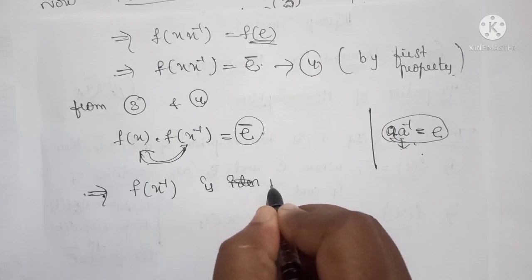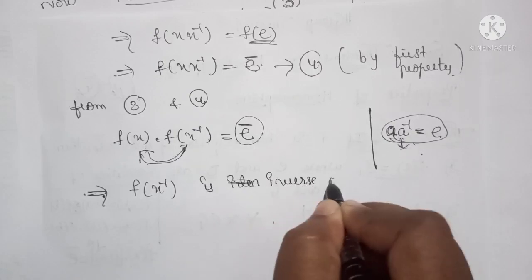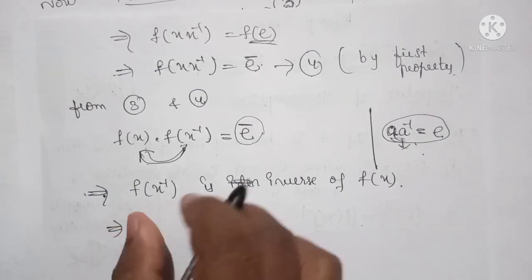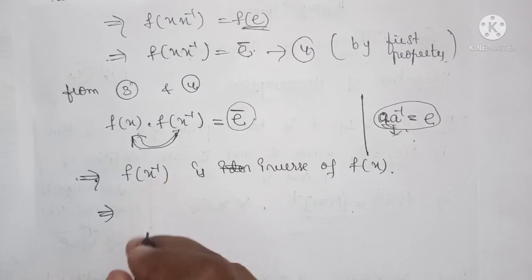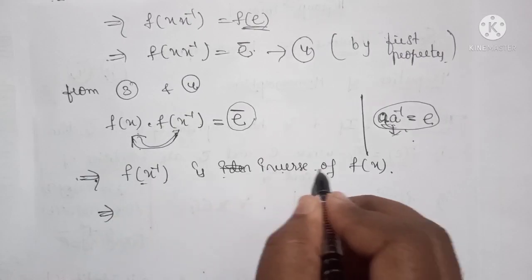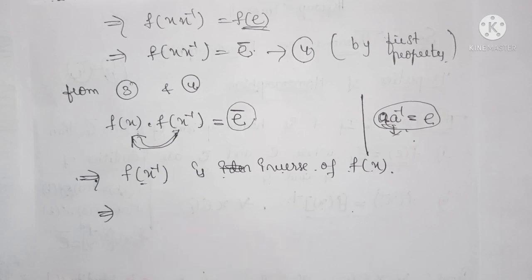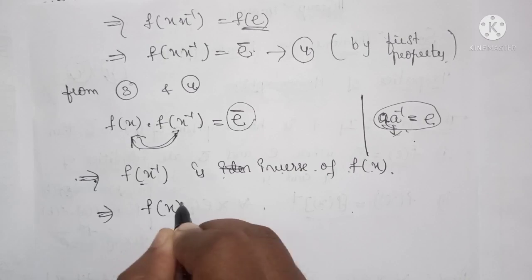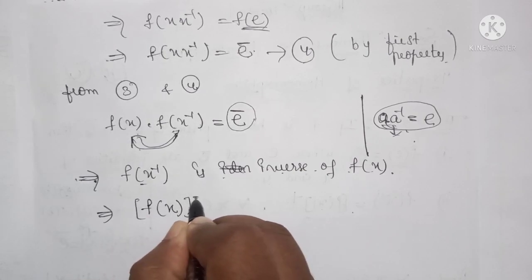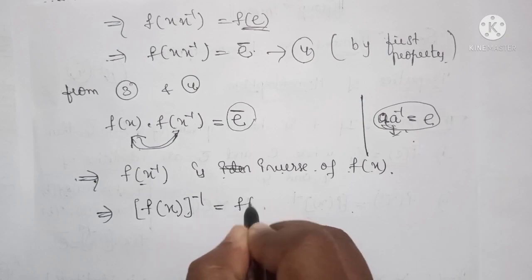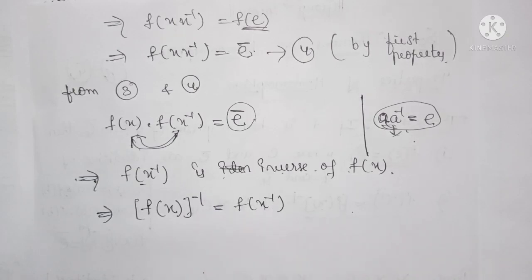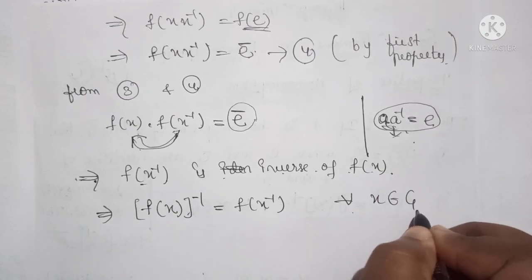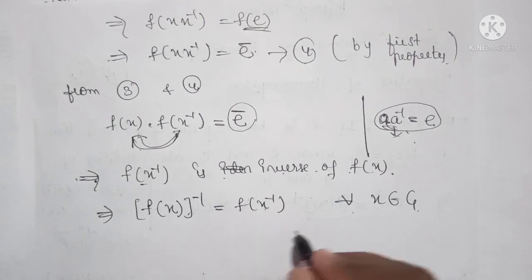So it can be written as f of x inverse is the inverse of f of x, that is, f of x inverse equals f of x whole inverse, for all x belongs to G. So this is the second proof.